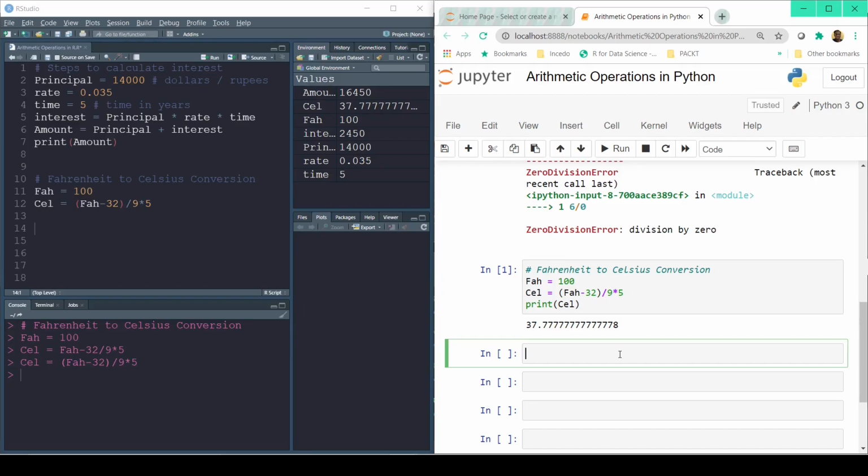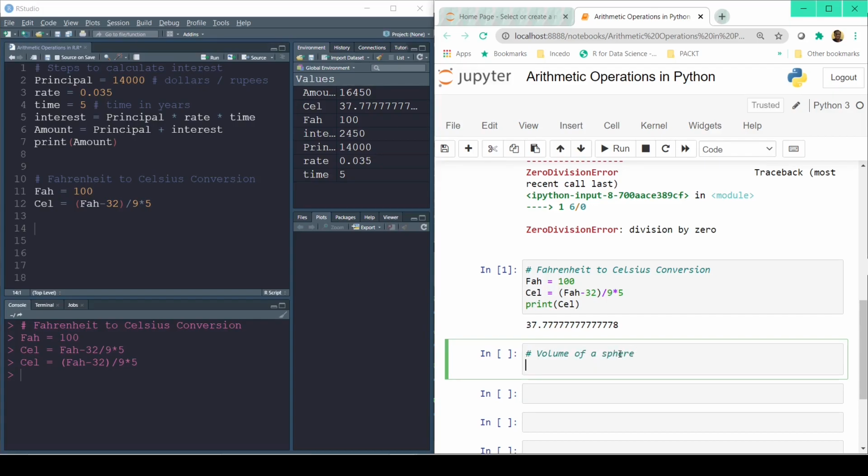All right. So volume of a sphere. Now, if I want to write a comment here, I can very well put a comment. I would say volume of a sphere. And let me say the radius is equal to 5 millimeters.